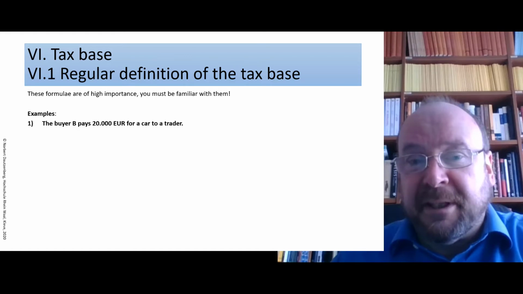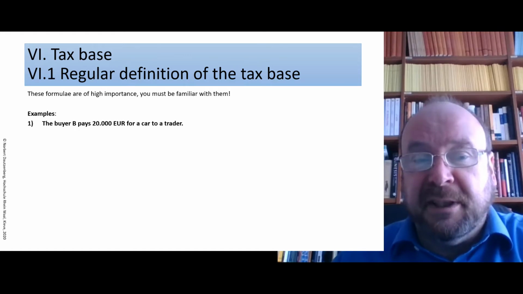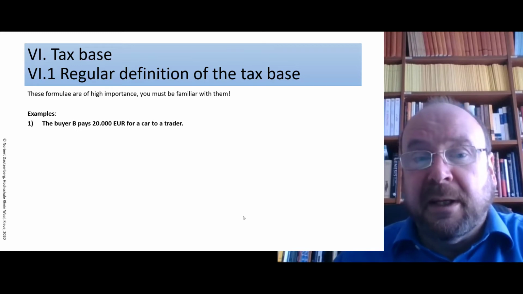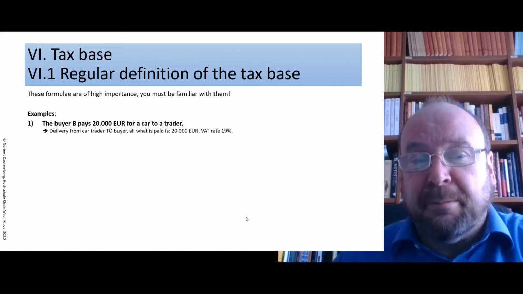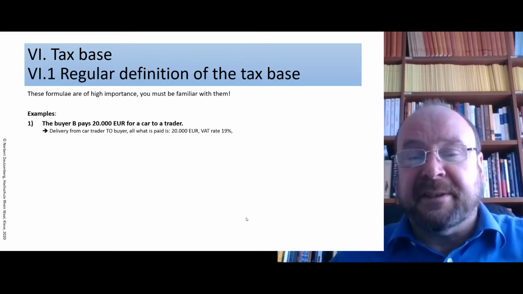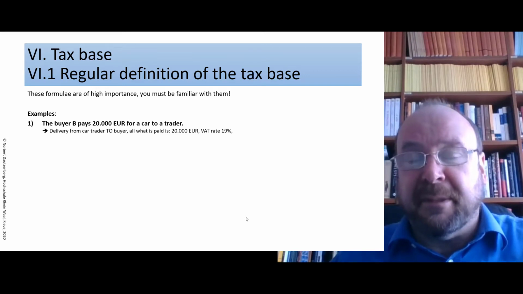The first example I have here on the slide is buyer B pays 20,000 euro for a car to a trader. Now 20,000 is the amount which the buyer pays. So all what the car trader gets from the buyer is 20,000, so that is the gross amount.